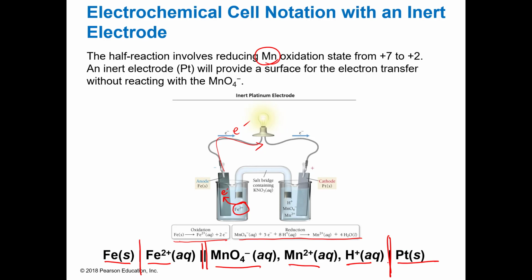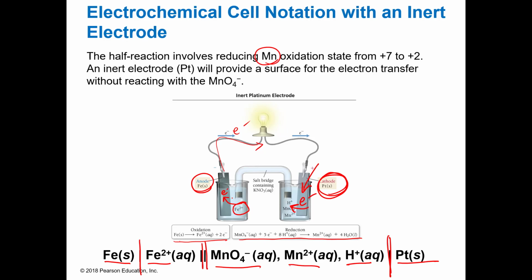Oh sorry, I got it backwards. Your iron is going to an iron electrode, producing electrons. When the electrons get here, they'll kick off to take your MnO4- to Mn2+. But you're not plating anything on this platinum because it's inert.